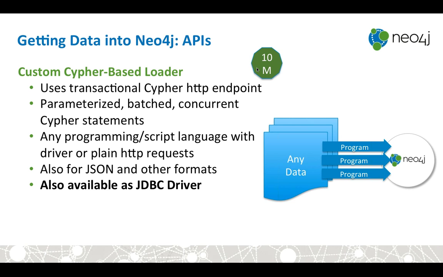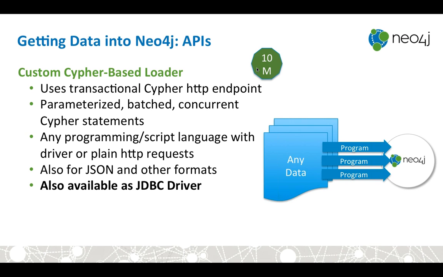And then you can get data from somewhere. That can be a relational database, could be a web API, could be a directory structure, it could be an internal in-house data store or a BI system or whatever. You can pull the data out and convert it into parameters for your Cypher statements, and then you just send them in.